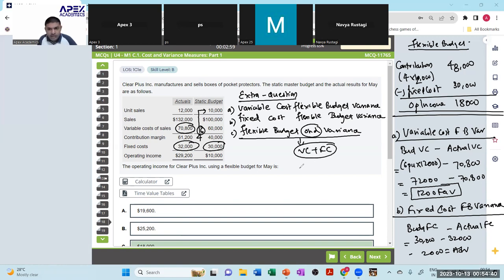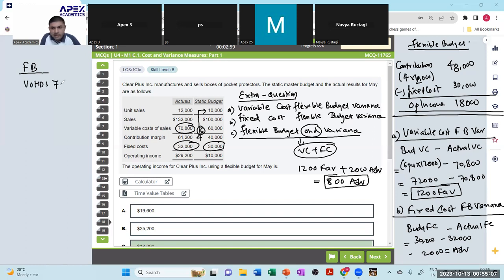ये करने के दो तरीके. यू कैन इधर राइट डाउन लाइक दिस. This is the first way of doing it, my dear students. Or the second way of doing it is, in your flexible budget, what are your variable overheads?